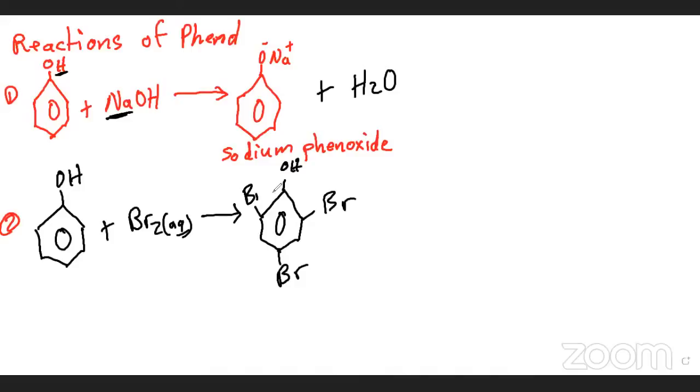What would be the name? It is 2,4,6-tribromophenol. Two, 4, 6 tribromo.